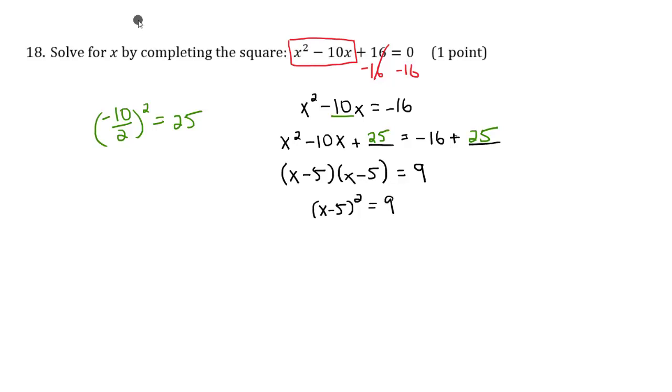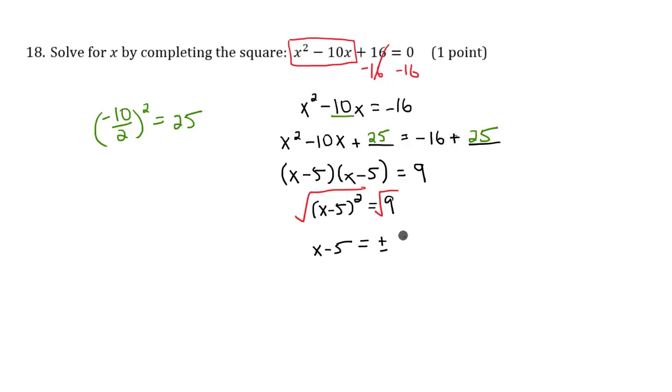To undo the squaring here, I want to take the square root of the left side, which I have to do to the right side as well. Now I'm just left with an x minus 5 on the left side, right? But this is going to be plus or minus on the right side over here, because whenever you take the square root of a variable that's being squared, you have to consider two different answers. So it's going to be plus and minus.